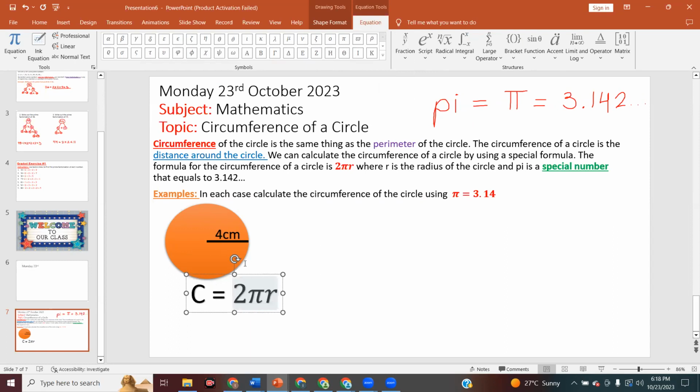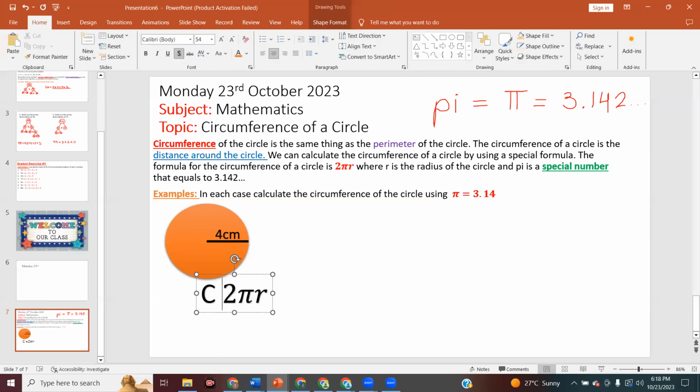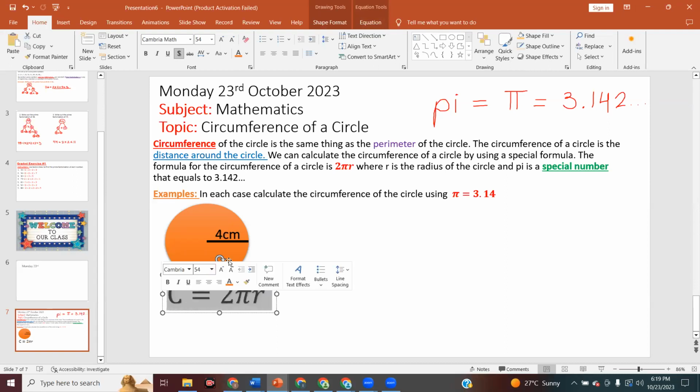Now, what do we know already, right? C, capital C, is going to be equal to 2 pi r. What is r?